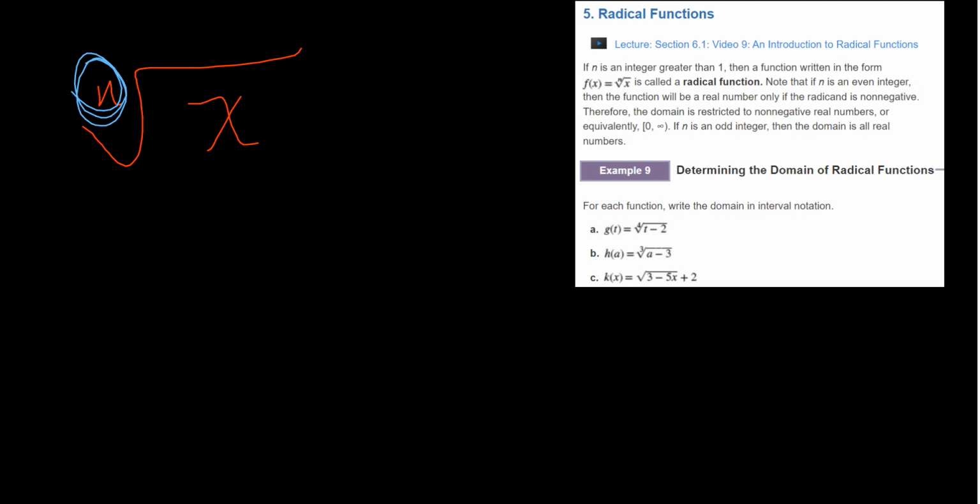We know that because we've seen plenty of examples in this section already where we try to take the square root of a negative number. We cannot take the square root of a negative number. There's no real number that exists, so it's out of the domain. But if it's an odd number, then the domain is all real numbers, because we have seen before that we can indeed take the nth root, where n is an odd number, of a negative number.